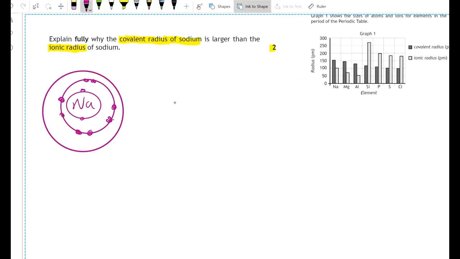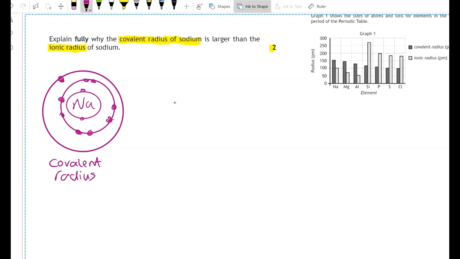Again, forgive my wonky drawings. Okay, so that's the sodium atom. That represents the structure for the covalent radius, if you like.